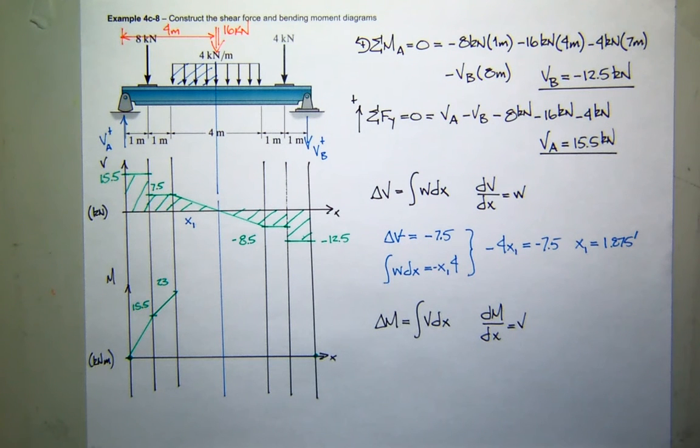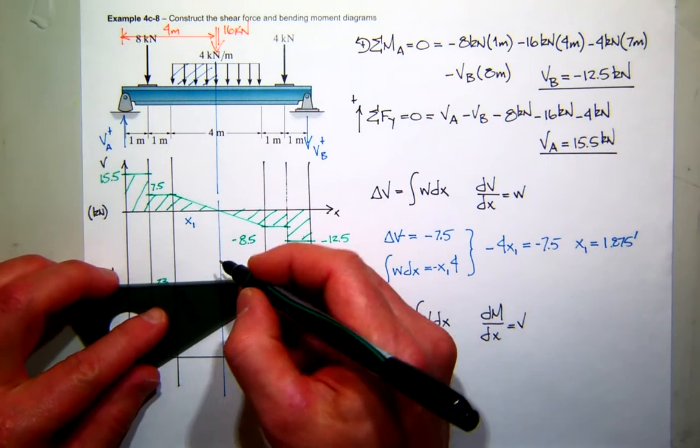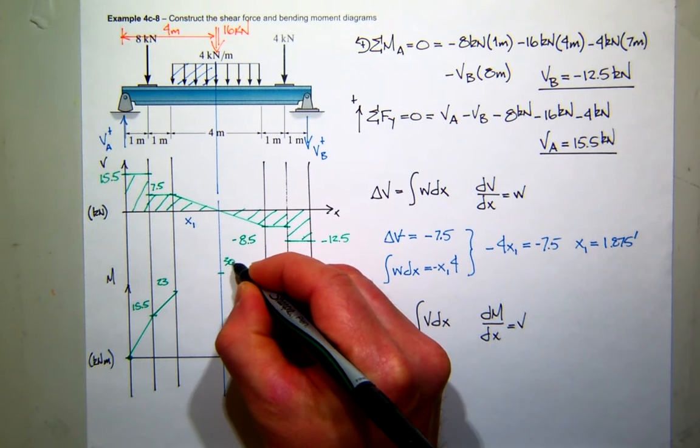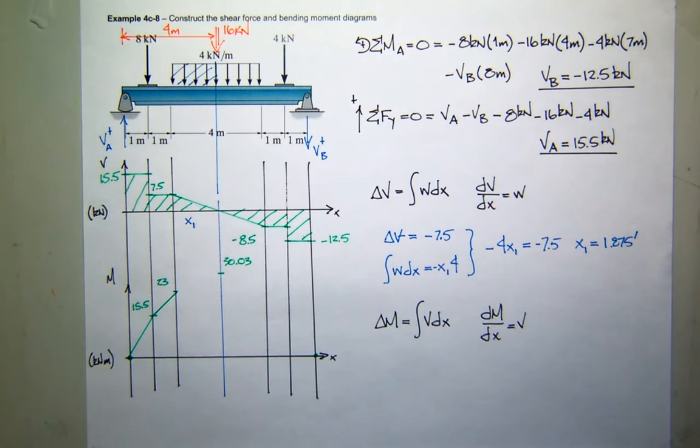Somewhere around 5 or 6. 7.03. So we add that to 23 and we get 30.03. That's pretty small. It's pretty much 30, right?